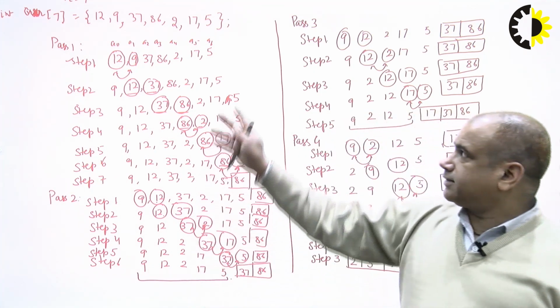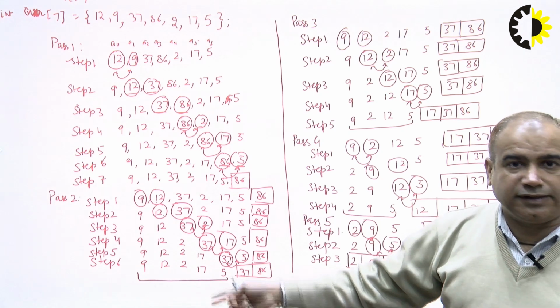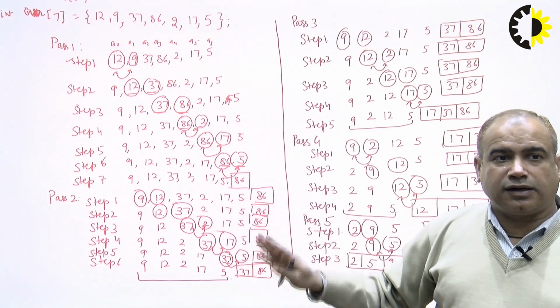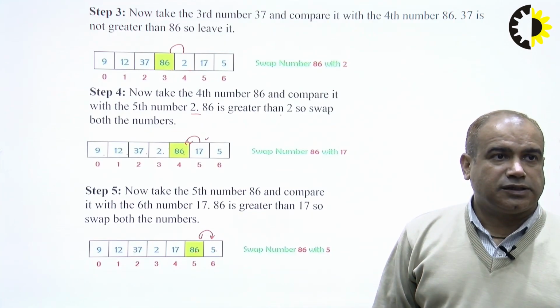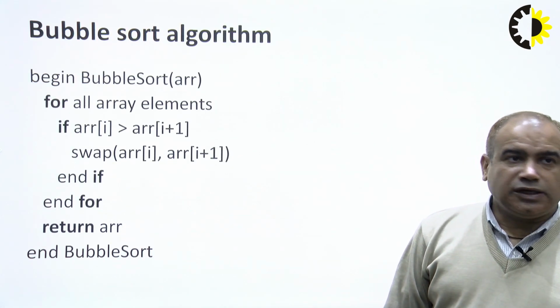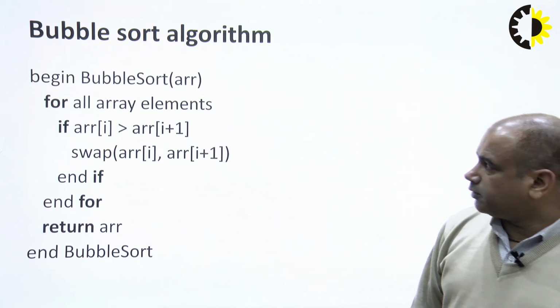If the number of elements is 10, then the number of passes will be 10 and in each pass the number of steps will be going down. Next, we are going to see the algorithm for bubble sort.